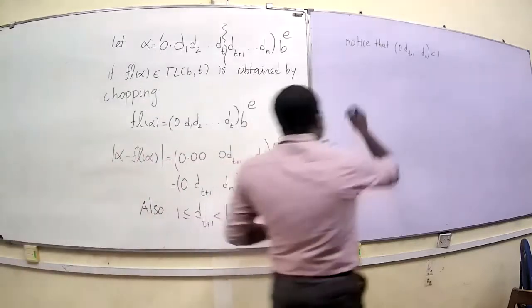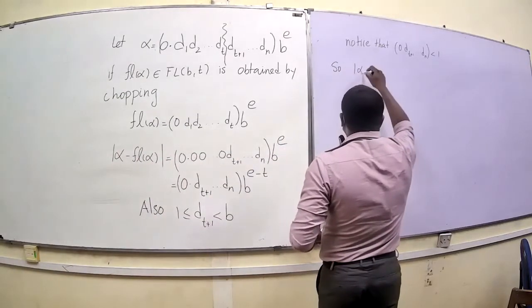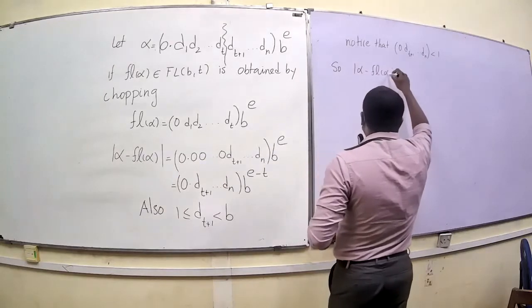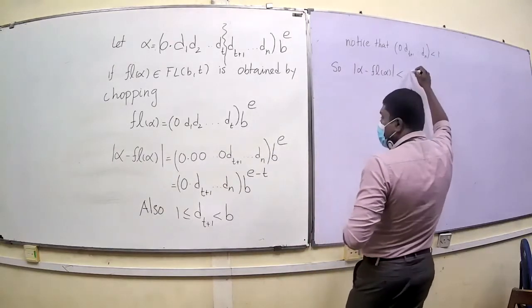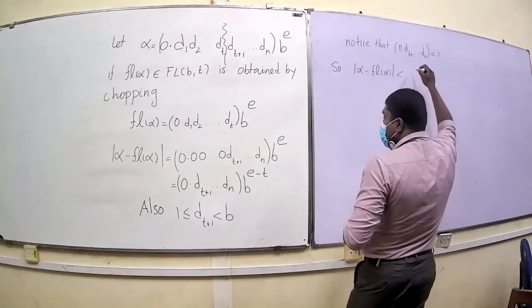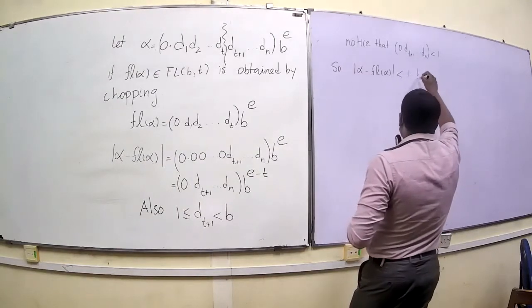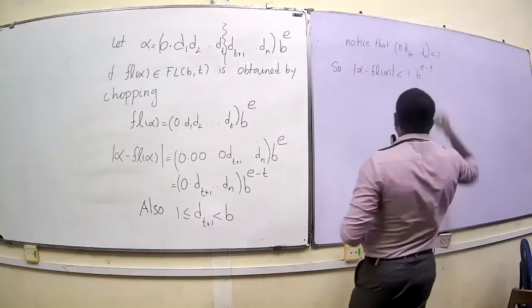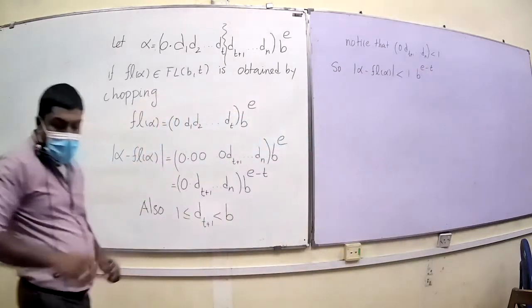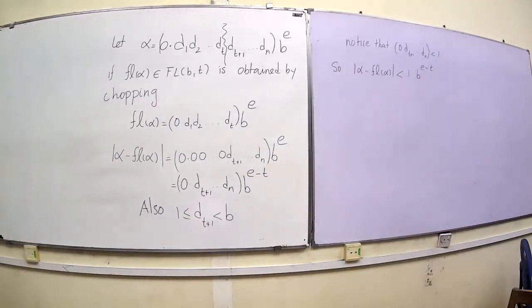So you know that the absolute value of alpha minus FL of alpha is less than 1 times b to the power e minus t.